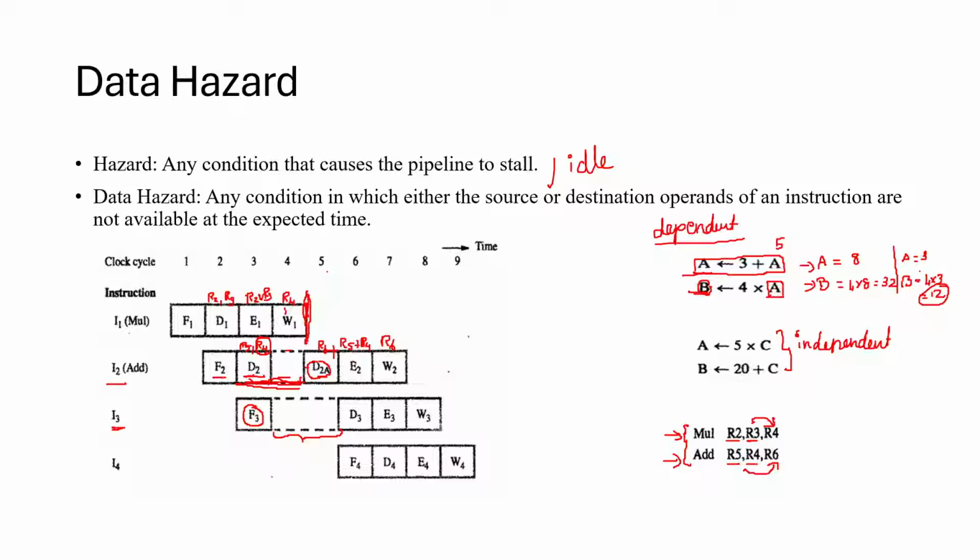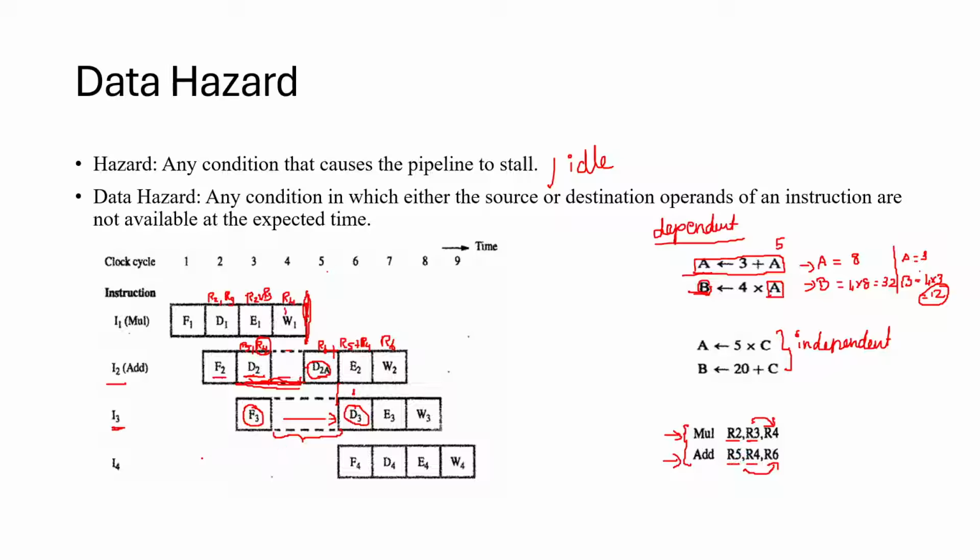So the decode hardware unit is not available, and instruction 3 is also waiting to get the hardware unit. The decoding hardware unit is released by instruction 2 only at the end of the 5th clock cycle. So instruction 3 gets the decode unit only in the 6th clock cycle.